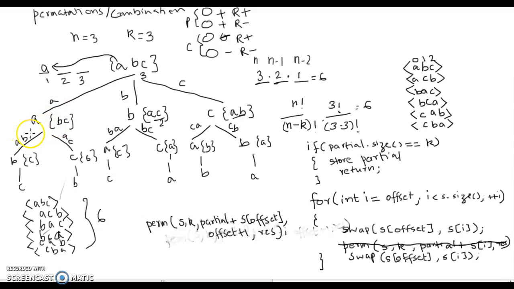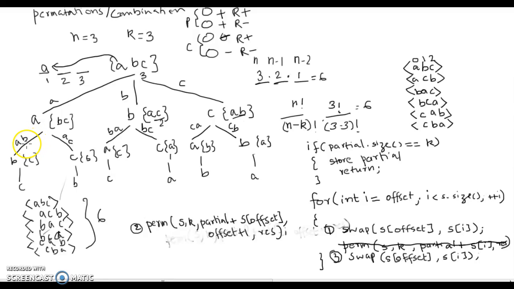Then we went to b, current offset b swap with b, nothing happens, because remember this is the swap step. So this is the first, and then we do the attaching to the partial, and then third is restoring the swap, right?